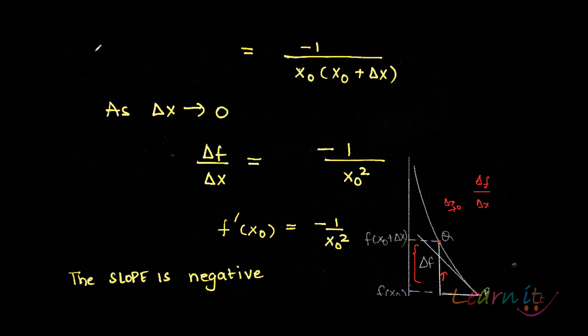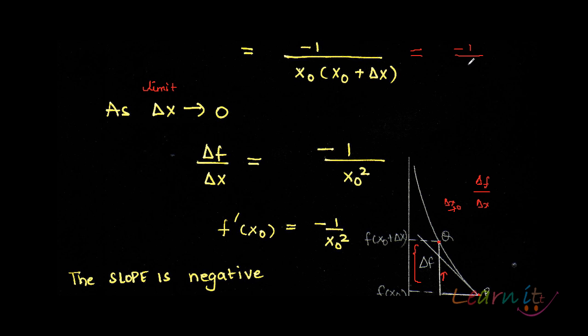Next, we need to see what happens as the limit of change in x goes to 0. So the second part is taking the limit as change in x goes to 0.